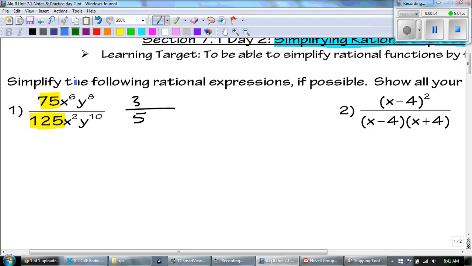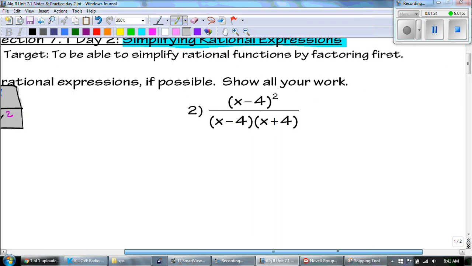And now I look at my x's, who wins, the top or the bottom? The top wins, and the top wins by 4. And then look at your y's, who wins, the top or the bottom? The bottom. And the bottom wins by 2. Okay, so that's very similar to what we were doing somewhere in Unit 6, where we were working with exponents.